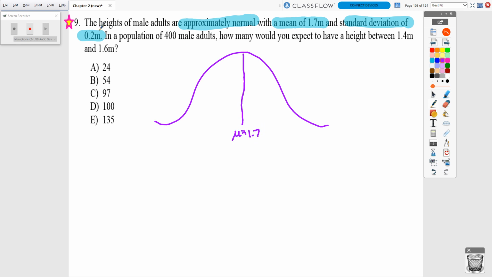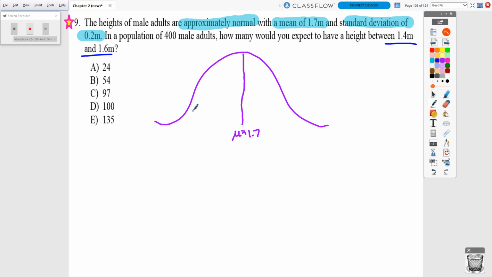We know the mean is 1.7. And we know the standard deviation is 0.2. So I could go 0.2, 0.2, 0.2 to the right, and to the left, but I don't really need to do that. I want to know how many people, right? It didn't ask me what percent of people, how many people in this population of 400 would be between 1.4 and 1.6.